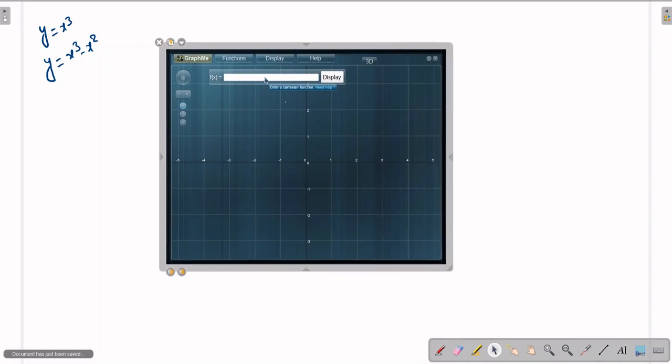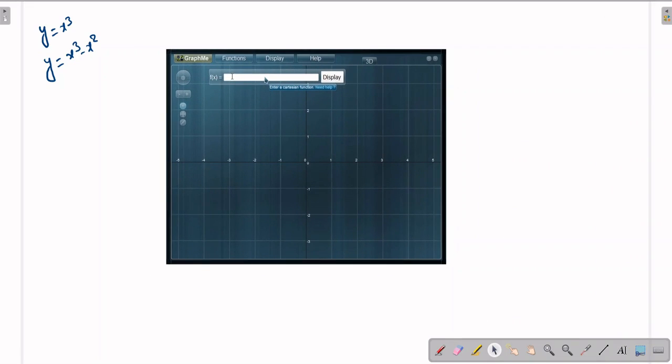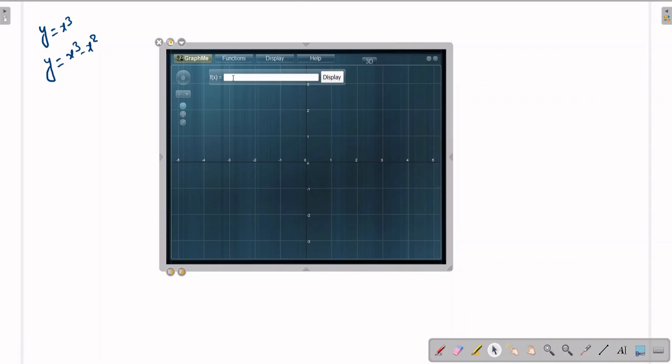The reason behind using this graph plotter is that I want to show you the very accurate result. The very first polynomial is x cube, so I will put here x cube, and just clicking display, you find the graph. If I move this small point over the curve, you also get the coordinate points.